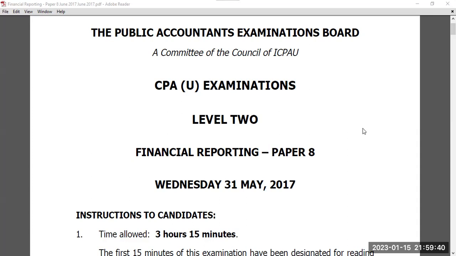Now for today, we are going to look at IAS 40 and we are going to start with our first computation. We had a trial number that was May 2017, but it is the same like June.